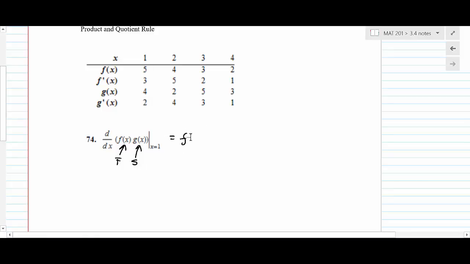You just take the first, don't do anything, separate it down. Then you multiply by the derivative of the second. Then you do it backwards. You do the second, and then you multiply that by the derivative of the first, like that. That's your product rule. Now, when you see this bar, x equals 1, what does that mean?